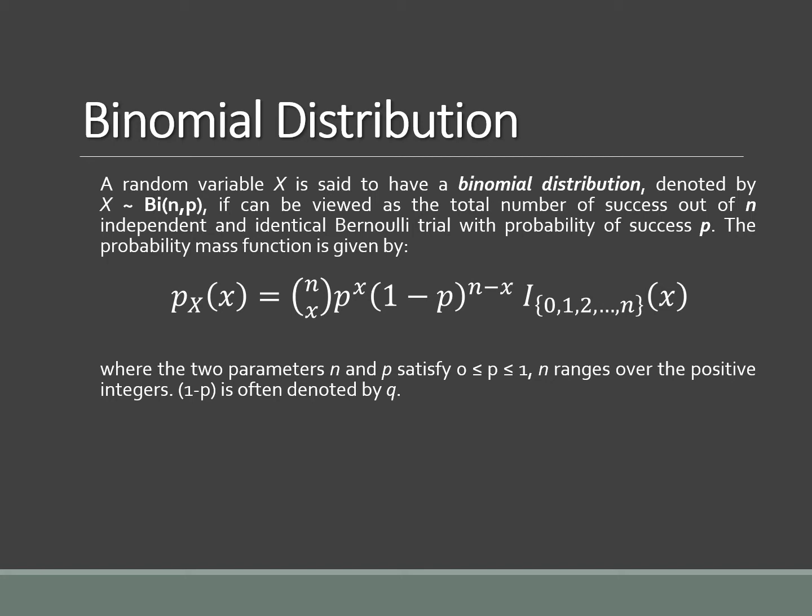Of course, since you are counting the number of trials, you cannot have 0 trials or a negative number of trials. And please take note that the 1 minus p in the equation is often denoted by q. So q is equal to 1 minus p, where p is the probability of success, or the probability of getting the first category.